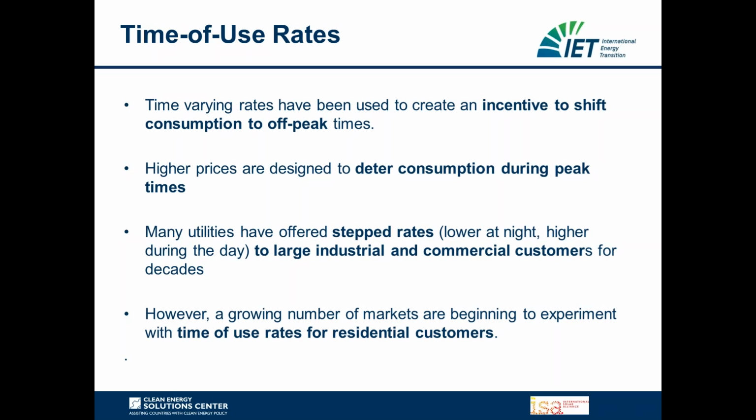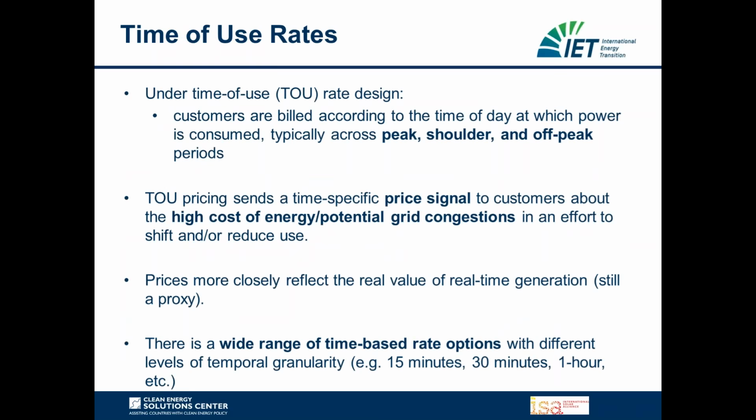And this has already been used for larger scale electricity consumers, industrial and commercial, for many decades. So this is not something new. What is new is that these rates are now also being tested out in the residential sector, and residential customers will have to get used to it, and policymakers have to figure out to what extent these types of rate design are actually feasible and also necessary for the residential sector.